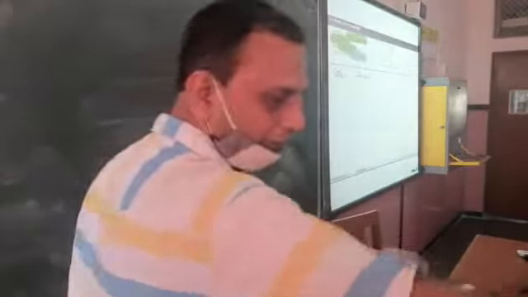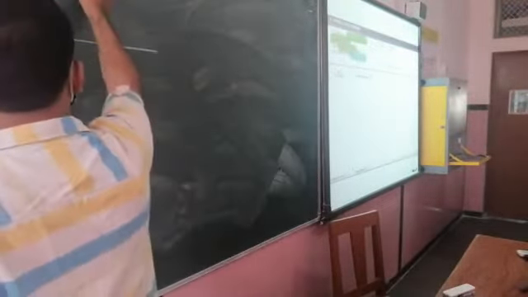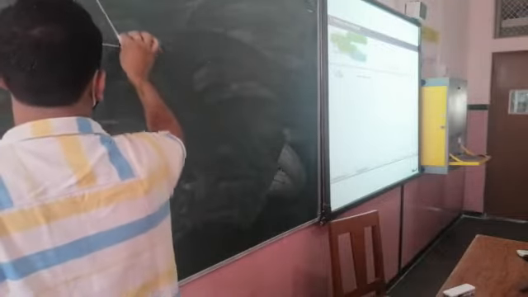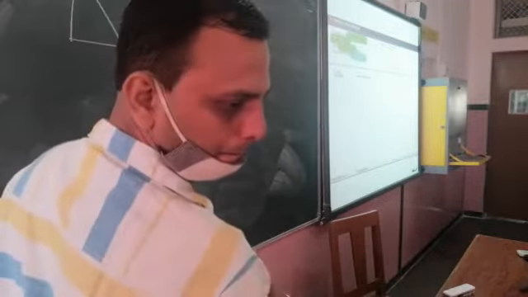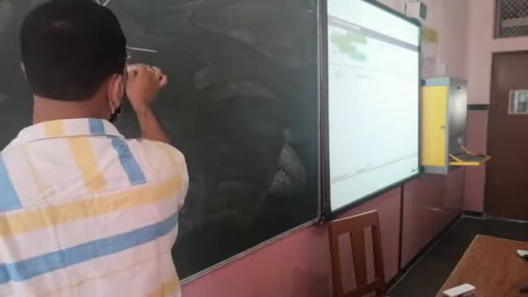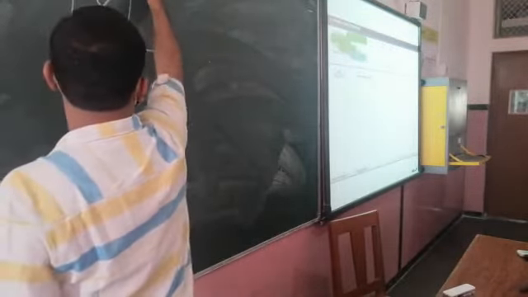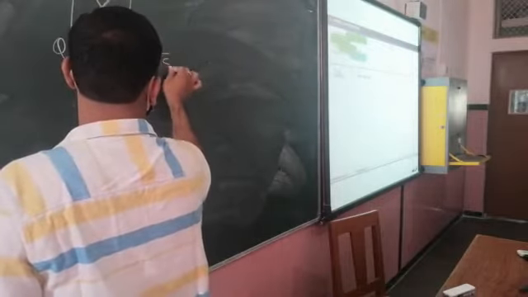I can make the figure. This is which value? P. This here, R here. Okay, this is the figure.